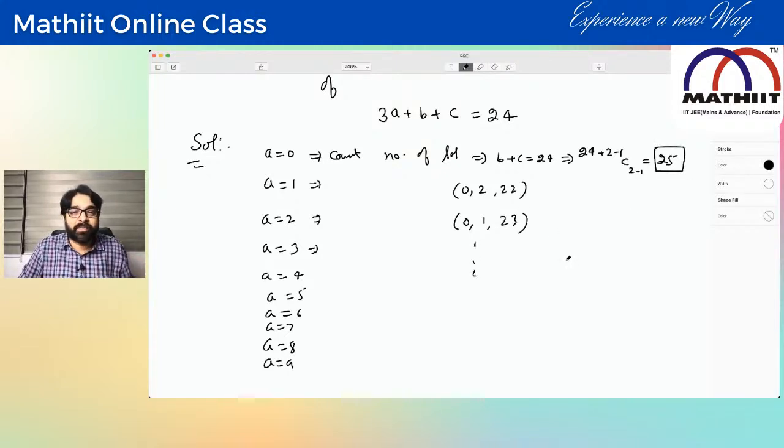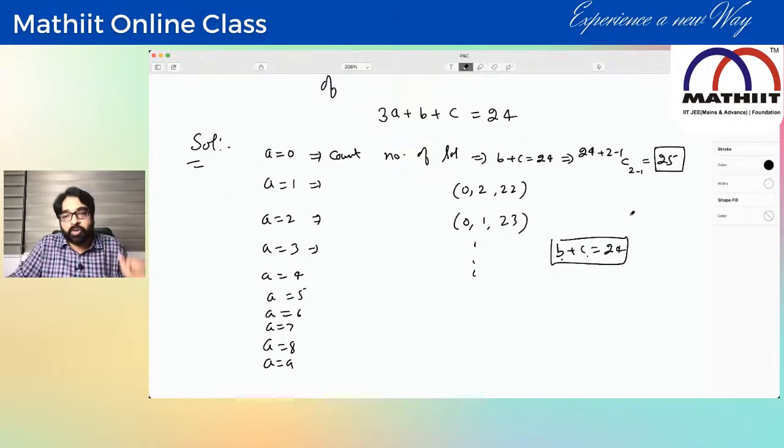What exactly is the logic we apply? We put a equal to 0, so we got b plus c equal to 24, and 24 will be distributed only between b and c because a is 0. So there are 25 solutions where a is 0.